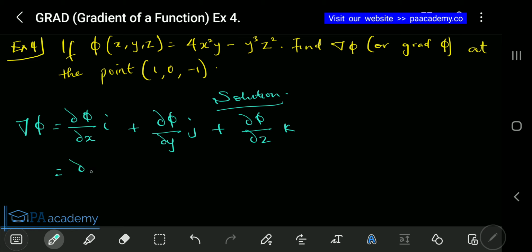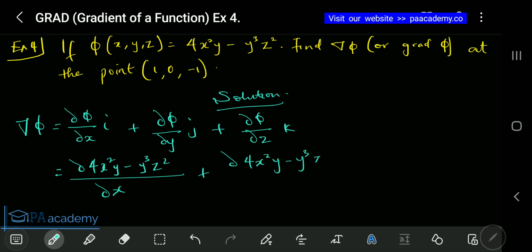So we are having the partial differential of phi, which is 4x squared y minus y cubed z squared, over the partial differential of x, plus the partial differential of 4x squared y minus y cubed z squared over the partial differential of y.